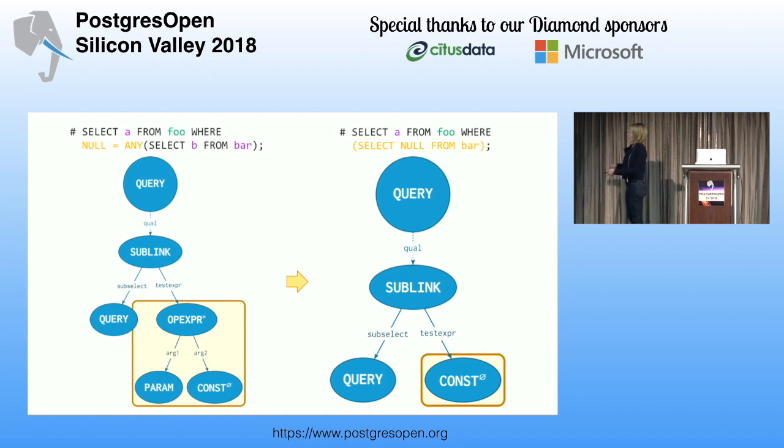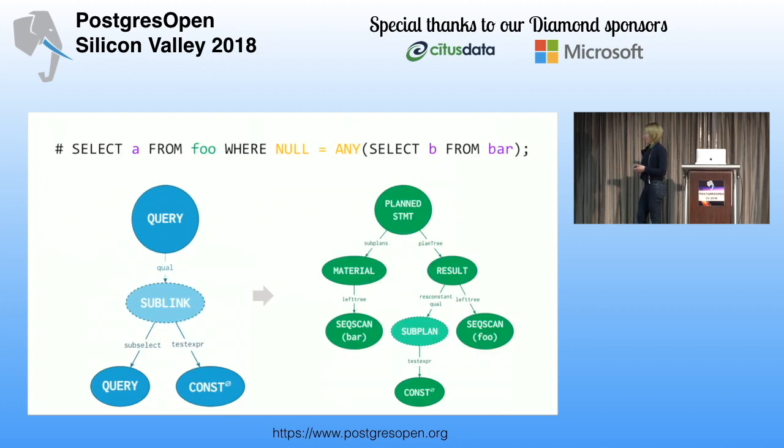So we go from that yellow box to the other one, which is roughly like select null from bar, by doing the constant folding. But because the sublink is still there, it gets turned into a subplan. So you can see here, this is the executable plan tree we get from this.